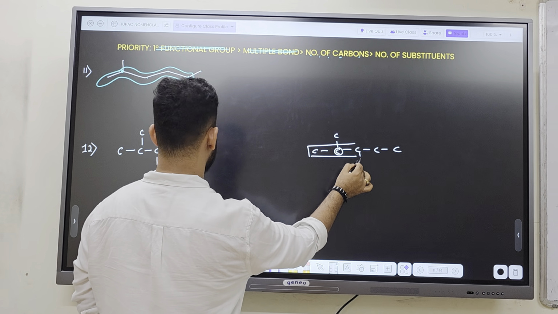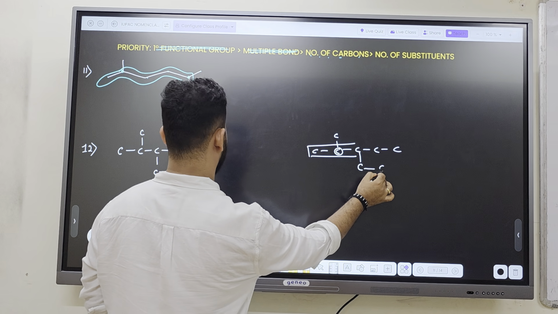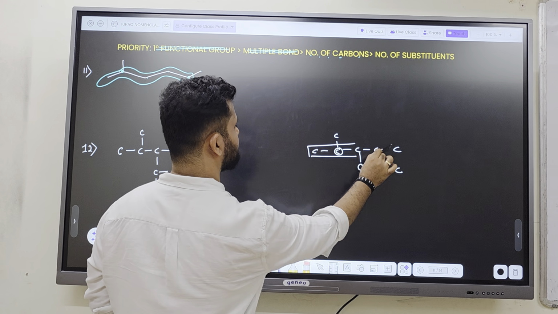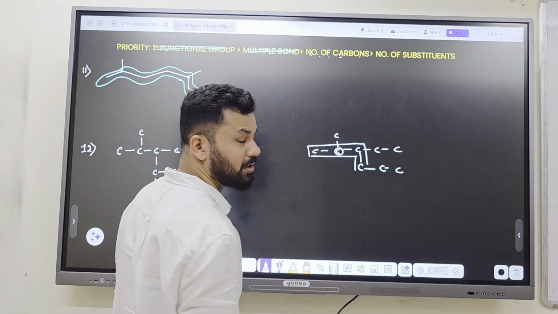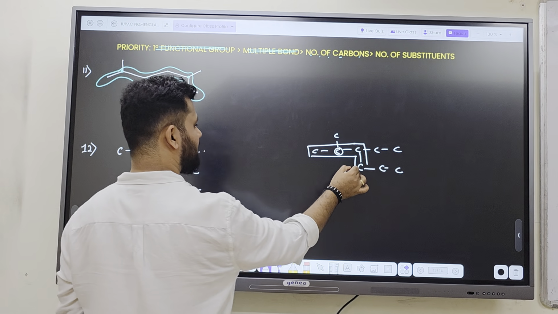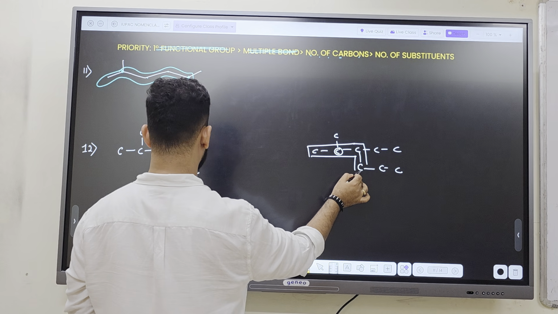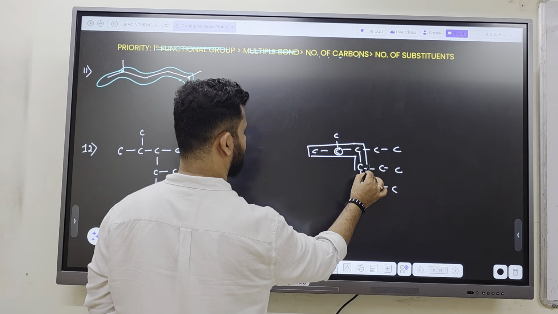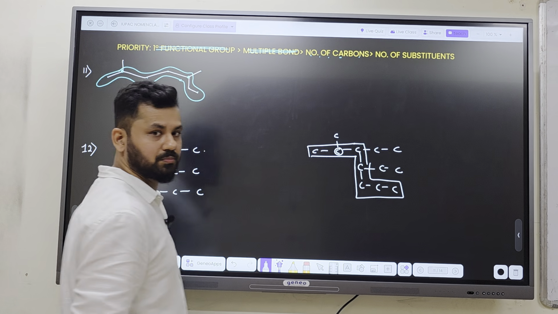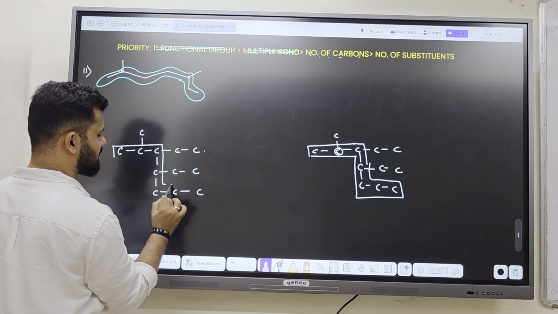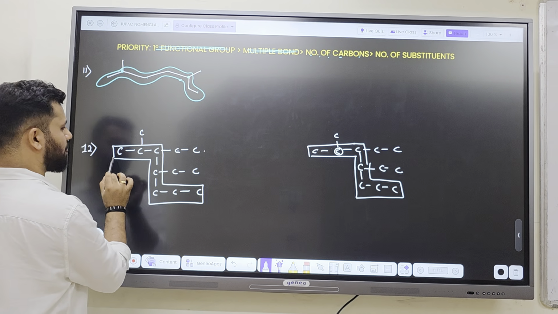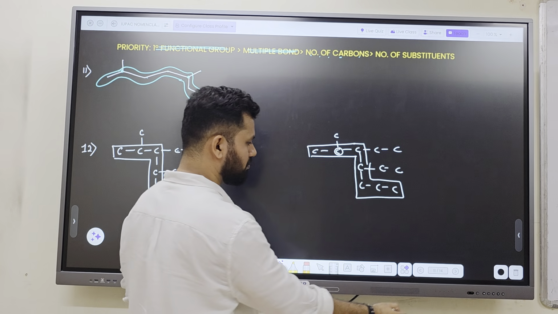At this carbon, you have, let us say 1, 2, 3. Should you go straight or down? You will go down. Because down there are 3 carbons, straight there are only 2 carbons. At this point, if you go straight, you have 2 carbons. If you come down, you have 3 carbons, so you will come down. So this is the best way of selecting the longest carbon chain.